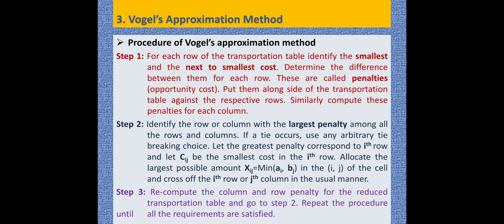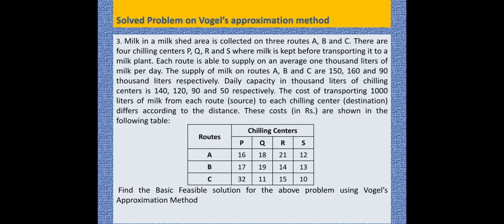Now let us solve the problem on Vogel's approximation method. Milk in a milk shed area is collected on three routes A, B and C. There are four chilling centers P, Q, R and S where milk is kept before transporting it to a milk plant. Each route is able to supply on an average 1000 liters of milk per day.